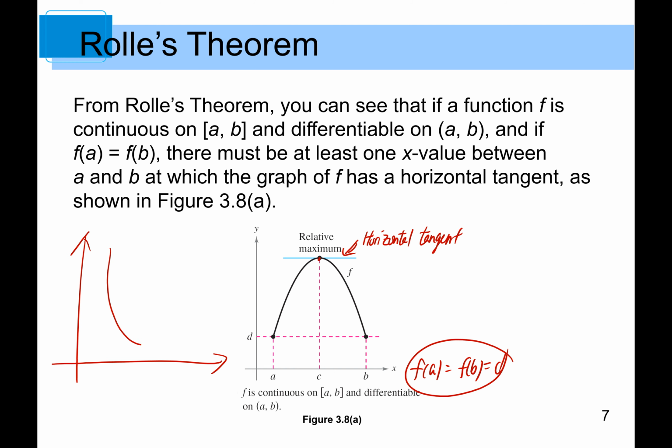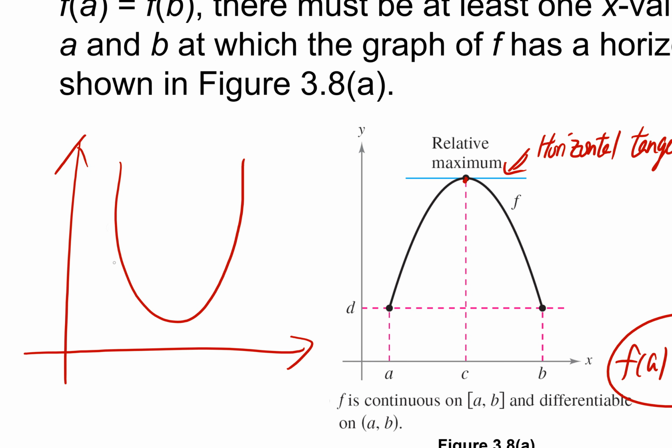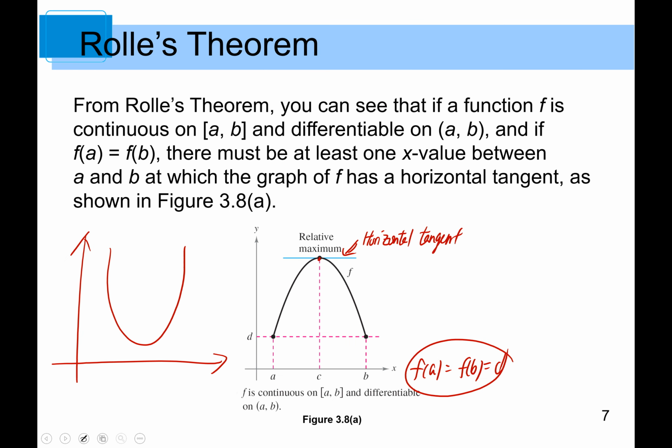If it's concave upward, let's say this is a and that's b. f of a and f of b both equal d.